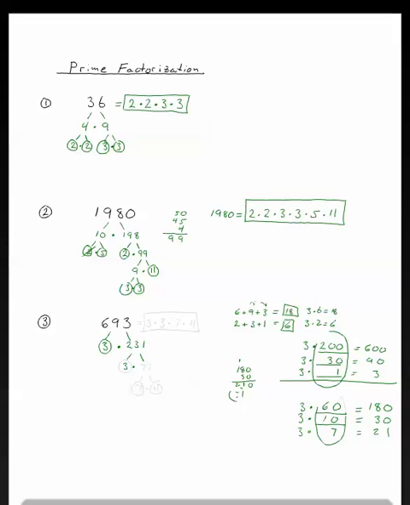Now I add these up: 60 plus 10 is 70, plus 7 is 77. My 3 is prime, but 77 is not. It's 7 times 11, and 7 and 11 are both prime. So when I see 693, I know that it is 3 times 3 times 7 times 11.